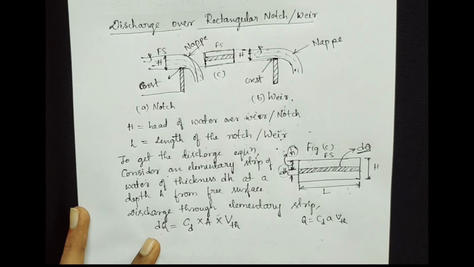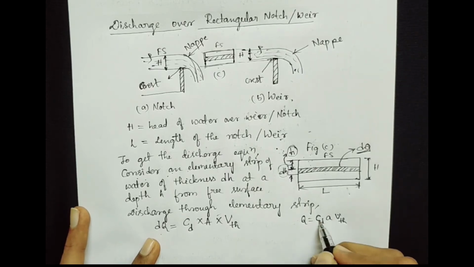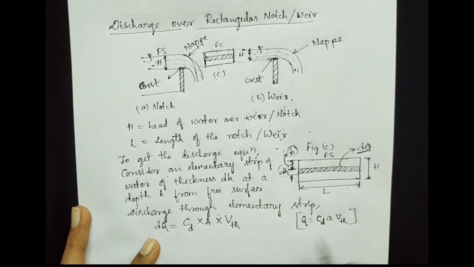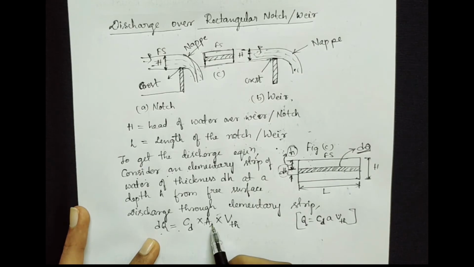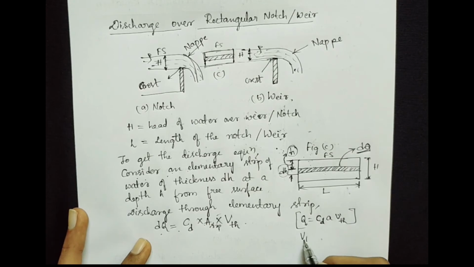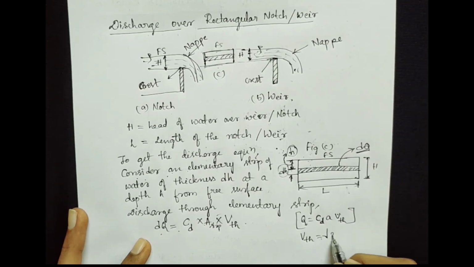Here it is the theoretical velocity, because we have used Cd, so it becomes the actual velocity. So dq is equal to Cd into the area of the strip into V theoretical, for which we have already obtained the equation, root 2gh.